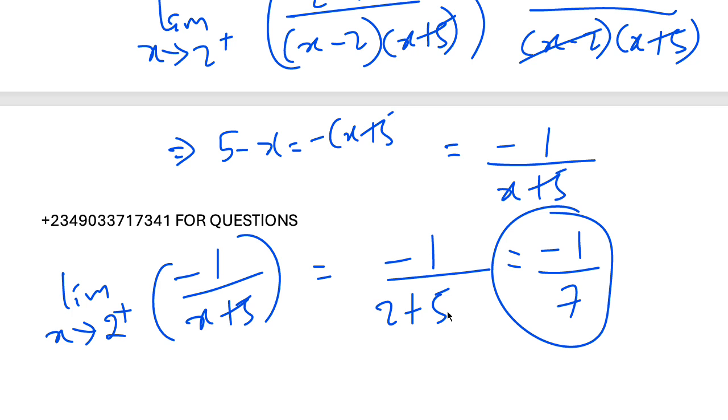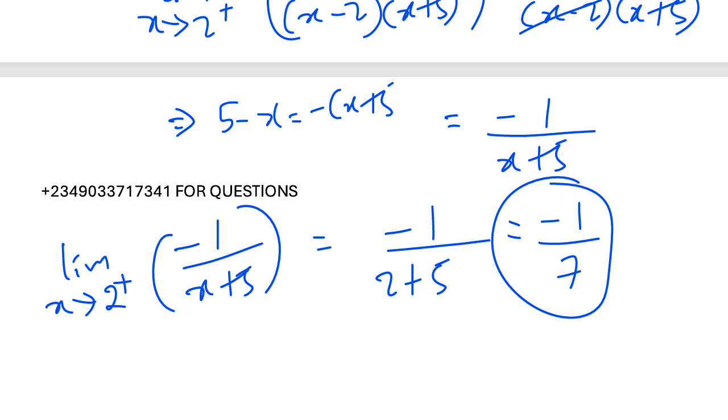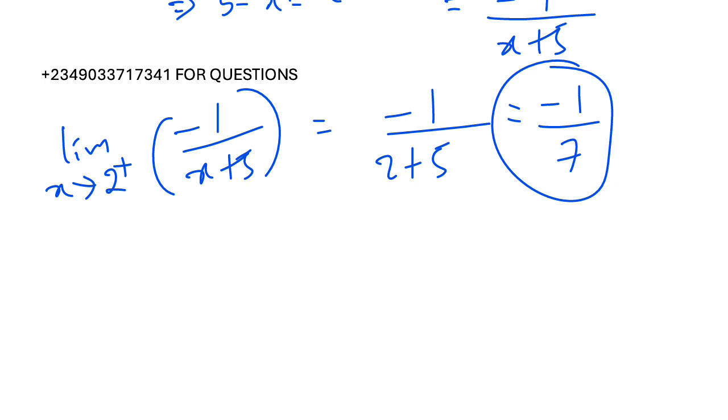The main idea behind this is that we first substituted 2 into the function and got 0 over 0, which is an indeterminate form. If we have an indeterminate form, there are two things we could deduce.